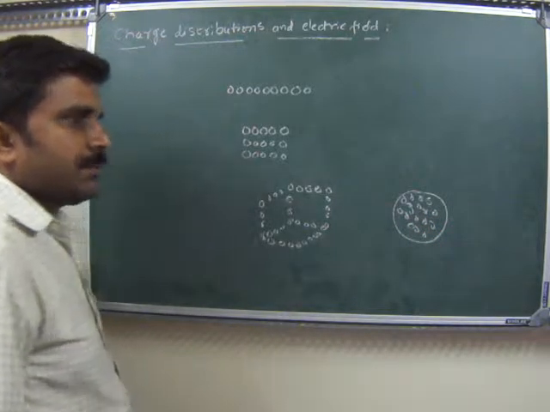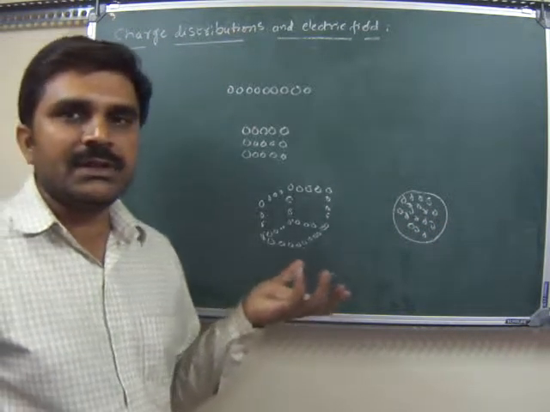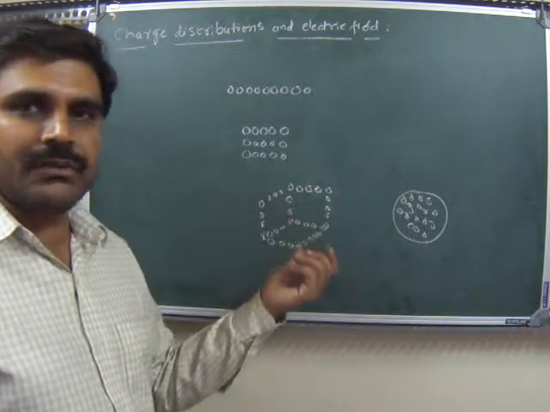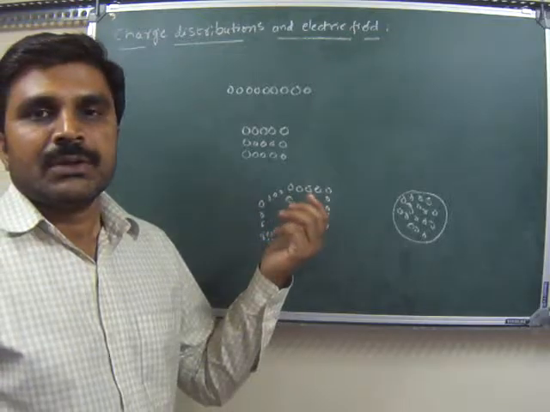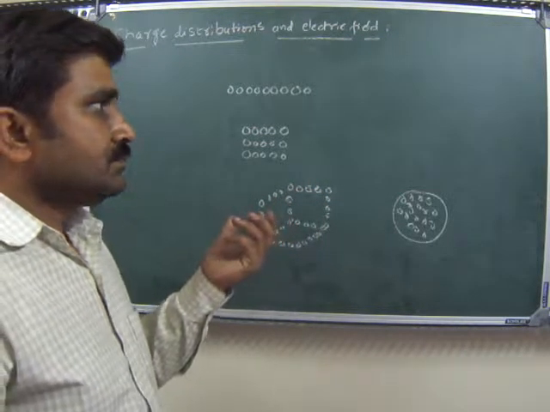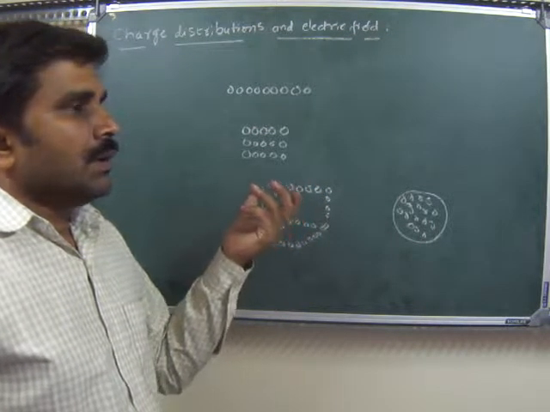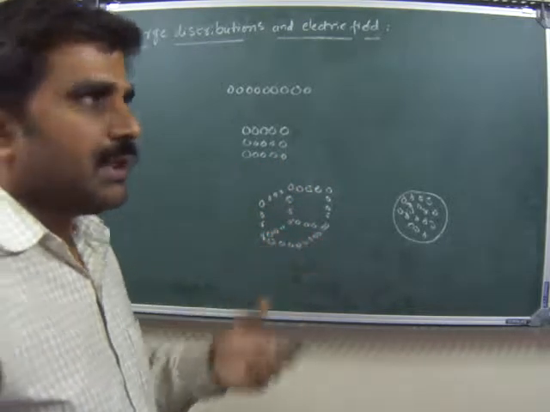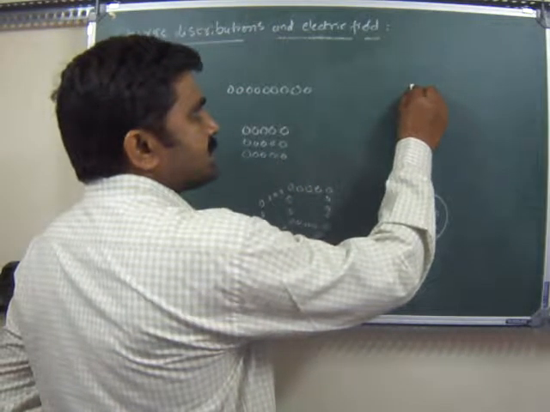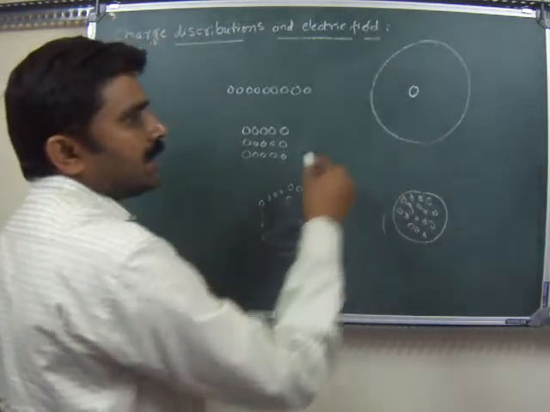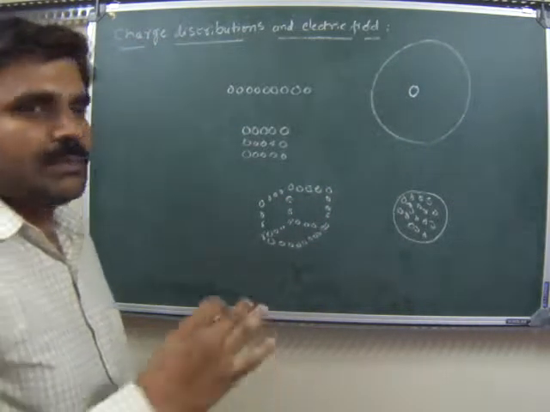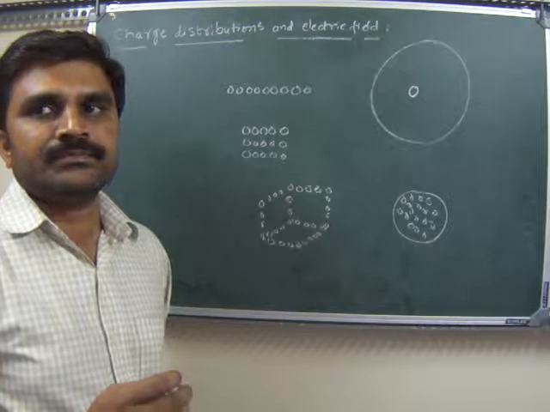So for this, how to calculate the fields around them or inside of those distributions. First of all, we already know that if a single charge exists like this, around it you have a charge impact like electric field.